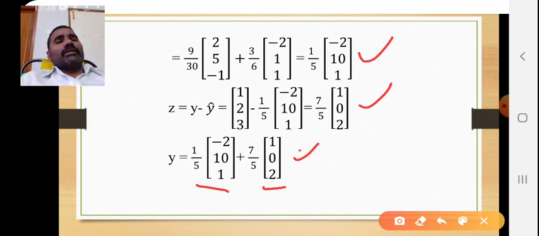We can easily identify this. It is minus 2 by 5 plus 7 by 5, 5 by 5, it is 1, and it is 1 by 5 plus 14 by 5, 15 by 5, 3.